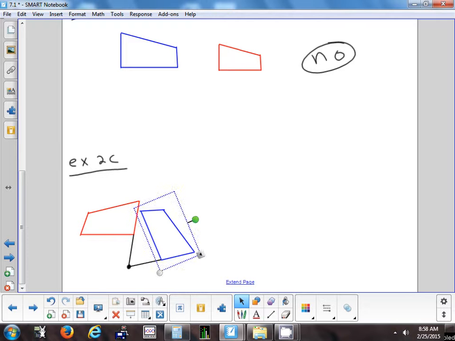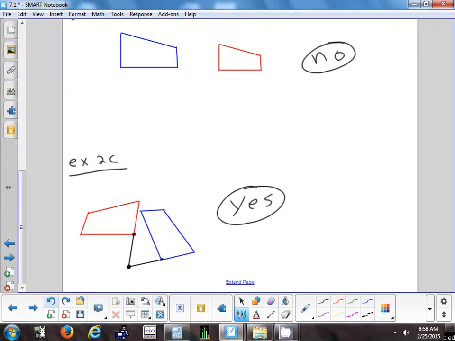Sure. So yeah, that is an isometry. It's just a rotation. Generally, when you see a dot and then you see a line drawn to corresponding vertices, that's telling you it's a rotation. All right, so yes, this is an isometry.